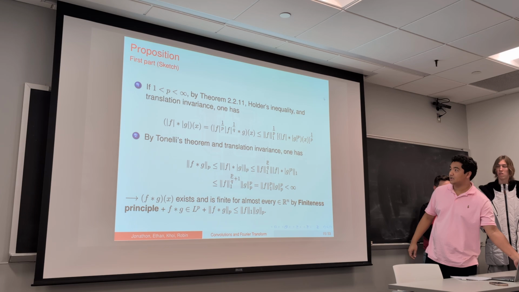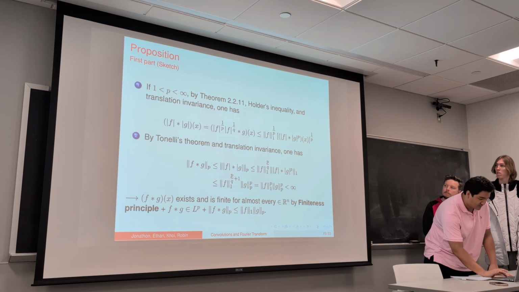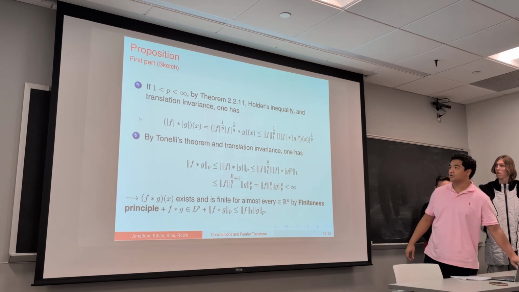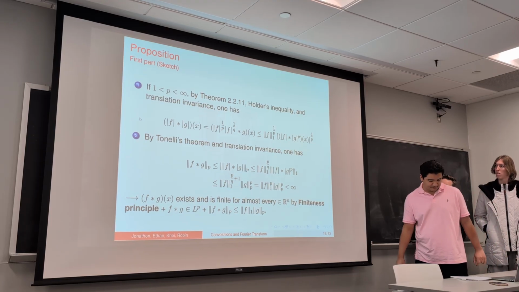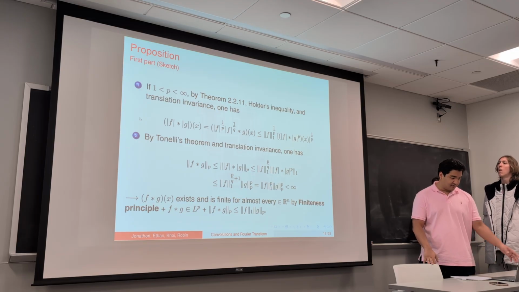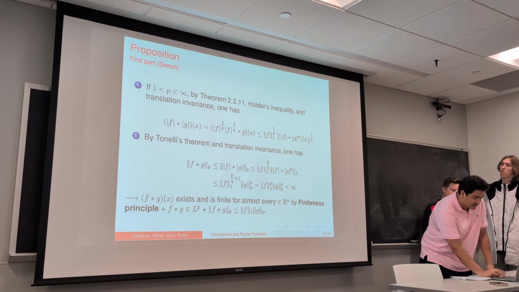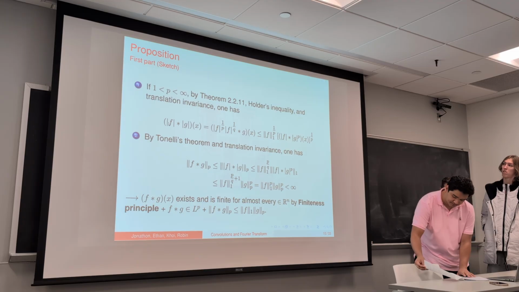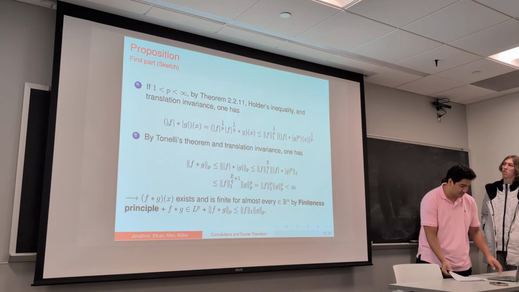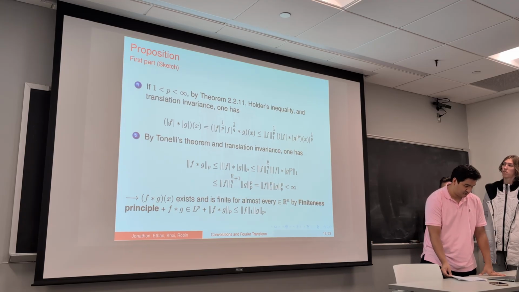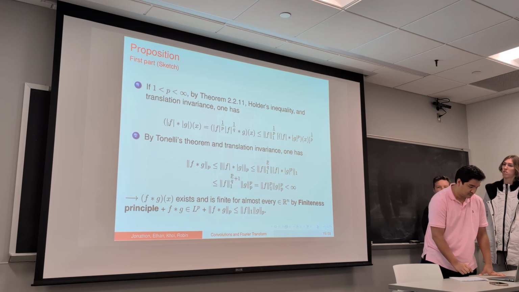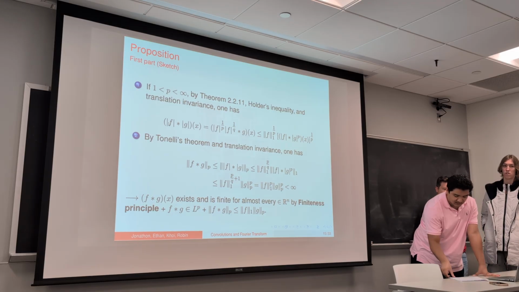There's actually supposed to be something else in front of this, which is that we're bounding f star g of x. If we take the absolute value of that, it's less than the integral of the absolute value inside, which would be, oh okay, this is done.